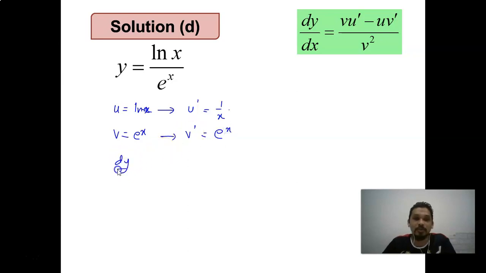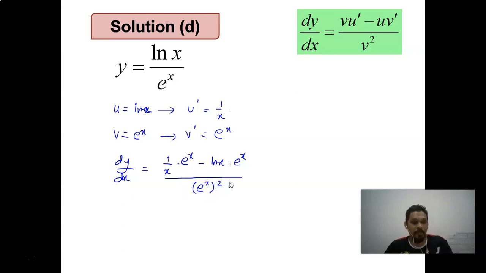So dy/dx equals u prime v, which is 1 over x times e^x, minus u, natural log of x, times v prime, e to the power of x, divided by v squared, which is (e^x) squared.